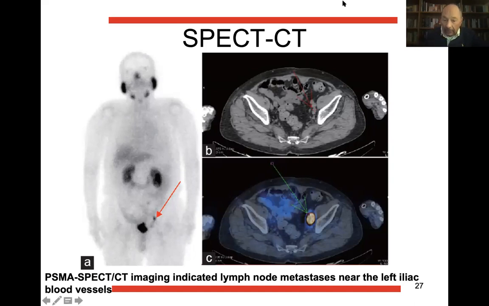So you see, this is how it looks like in the CT, and this is how it looks like in the PET CT. So you clearly see here the signal, and this is the whole body SPECT image where there is a point here. Of course, you see also a lot of accumulation in the bladder, in the kidneys, and here in the region of the axillary lymph nodes.